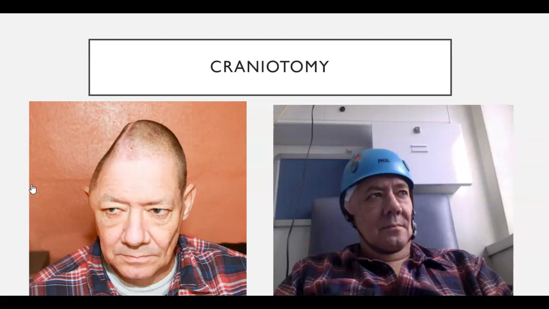So the skull was removed in order to allow for the excess blood to be taken out, and for the brain to have space to swell without the damage that would occur if the brain was swelling and pushing against the skull.